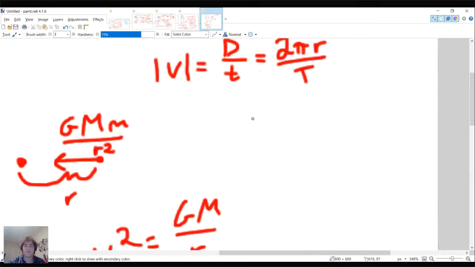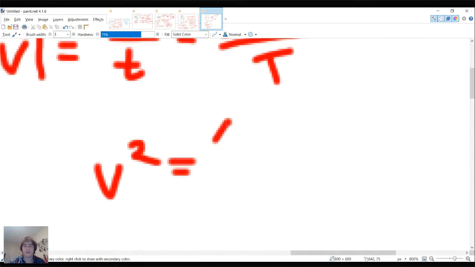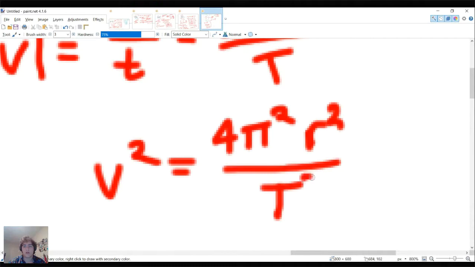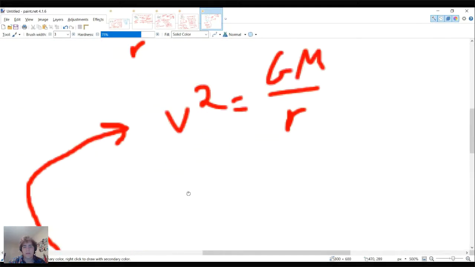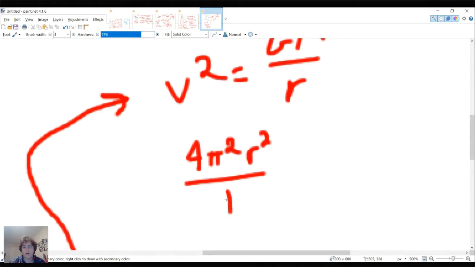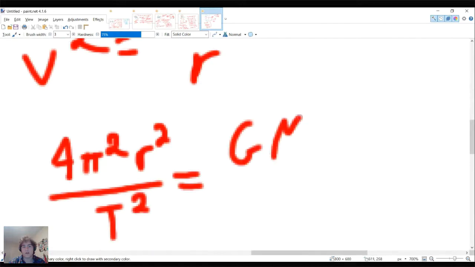So now we have v squared is equal to 4 pi squared r squared over t squared. And we can substitute that in for the v squared here, so 4 pi squared r squared over t squared is equal to GM over r.